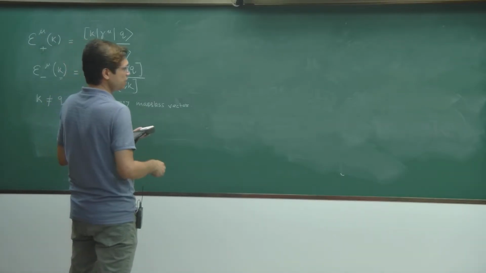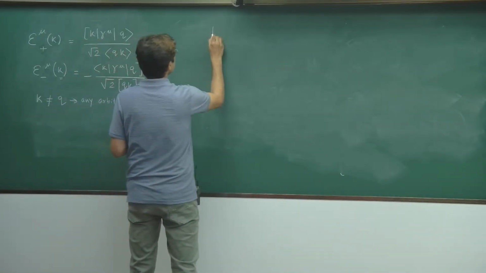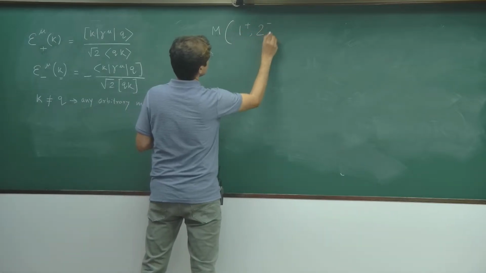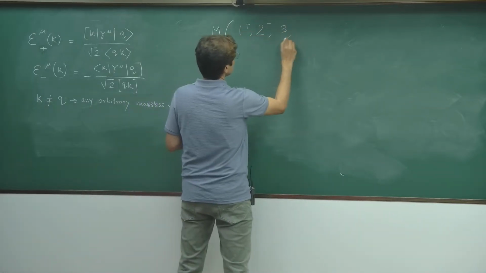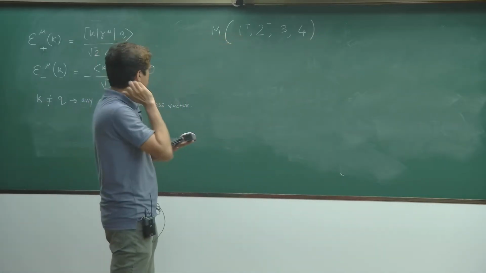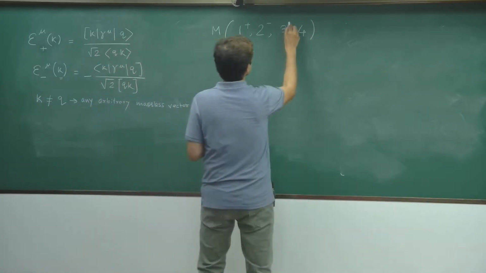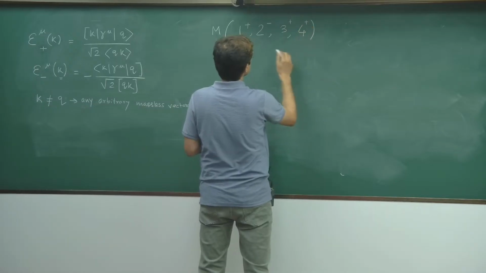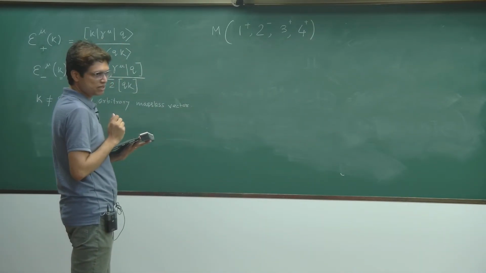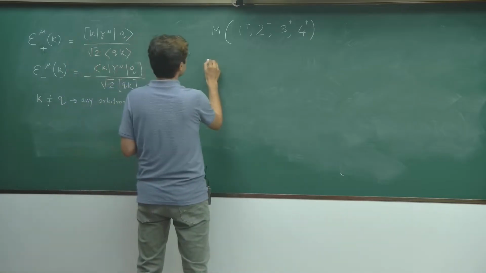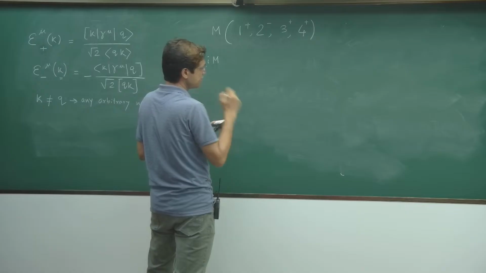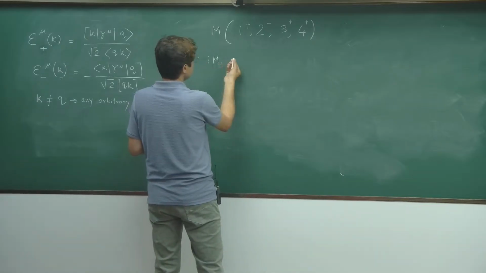Okay, fine. So I am left with only this kind of combination: 1 plus, 2 minus, and 3 and 4. Now I want to fix the helicity of 3 and 4. Suppose they are plus plus. Then I get M1.